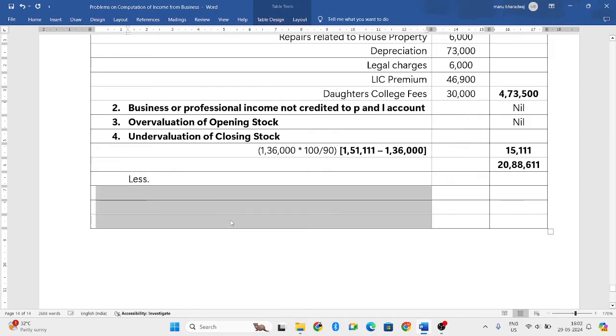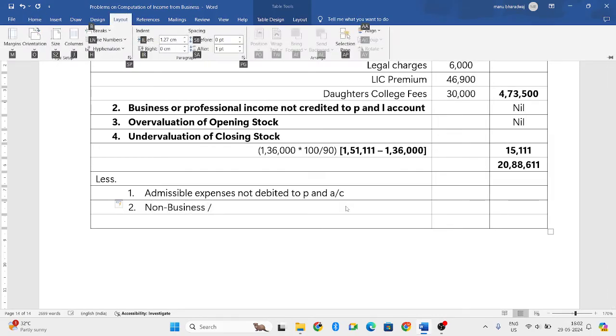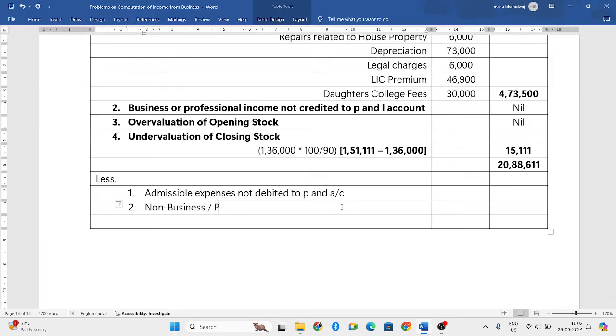Less: First one is admissible expenses not debited to P&L account. Next one is non-business or professional income credited to P&L account.